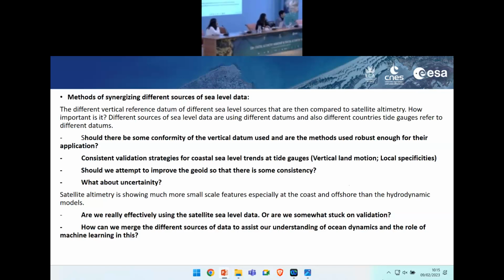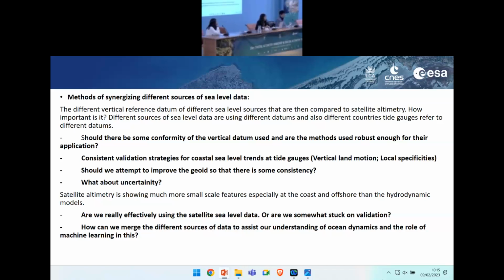But with the coming of SWOT data, we have to think about validation in 2D. In that case, using tide gauges maybe will not be the best solution, unless you have a network of tide gauges big enough to make the comparison against altimeter data.